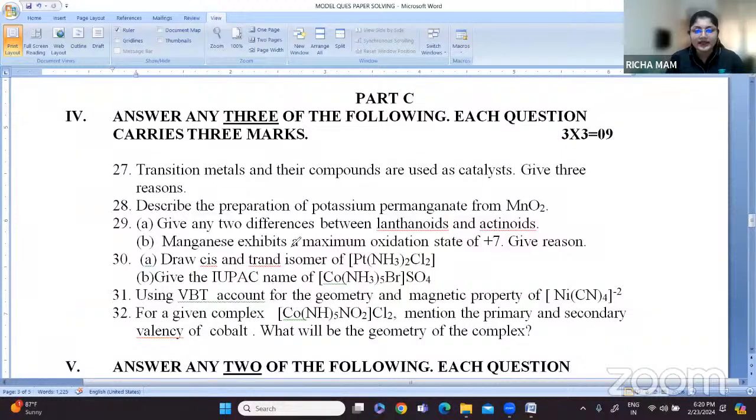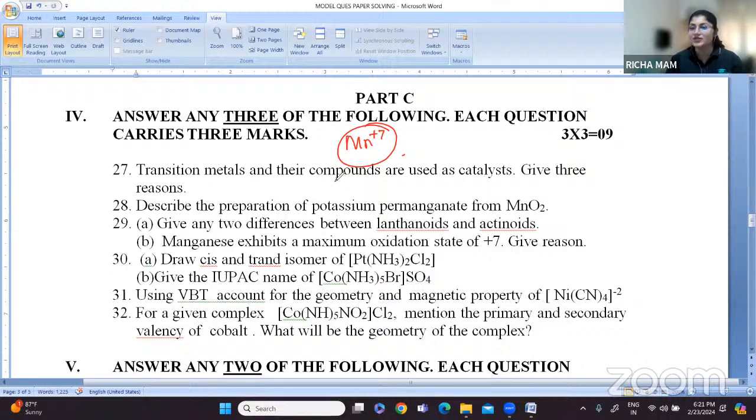Manganese exhibits a maximum oxidation state of +7 due to the participation of all the electrons of the 3d and 4s orbitals in bonding.